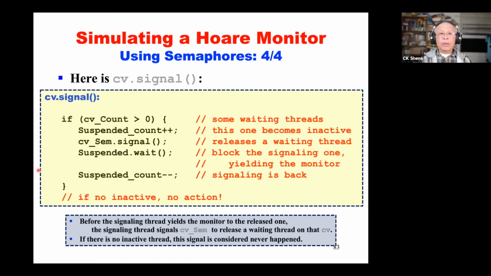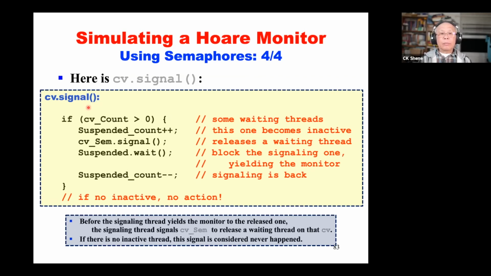So here is the implementation of CV.signal. Let's recall what a condition signal will be doing. One, if there is someone waiting on the condition, release one of them and yield the monitor to the released one.